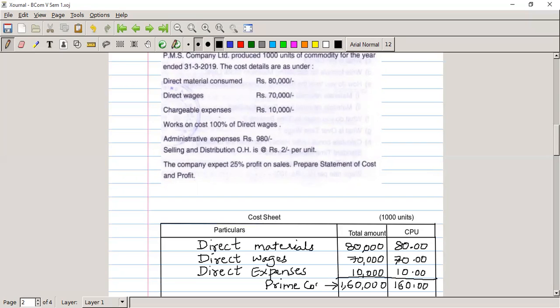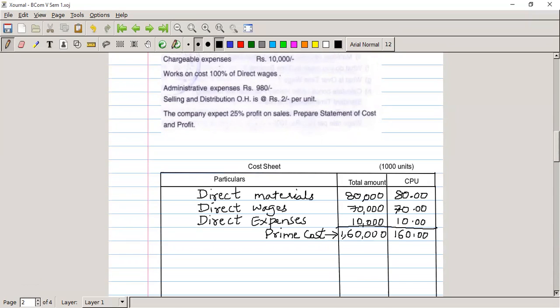And the next point given in the problem is works cost is 100% of direct wages.